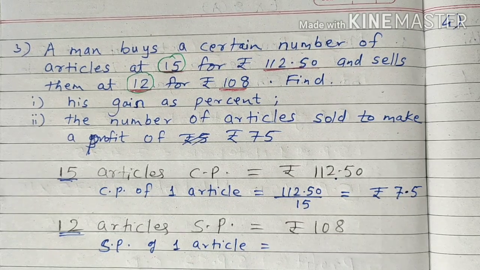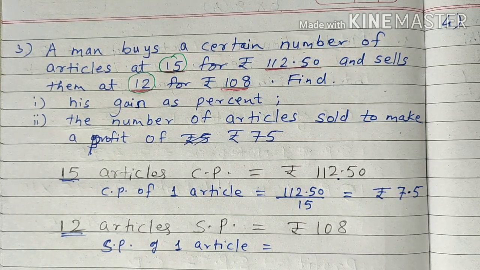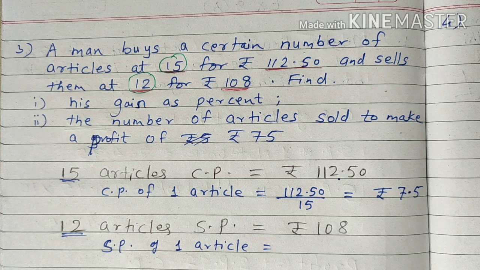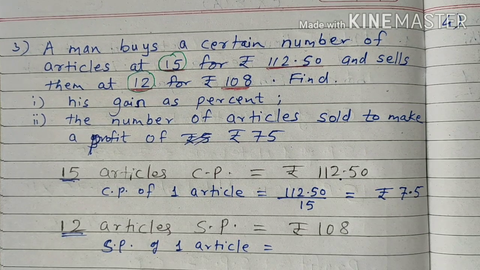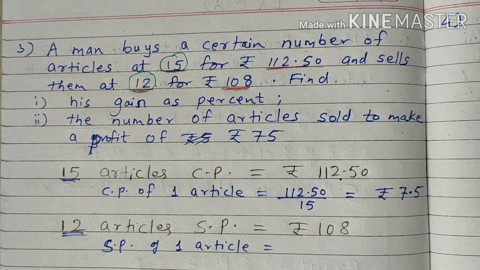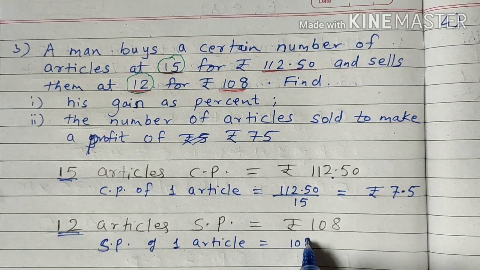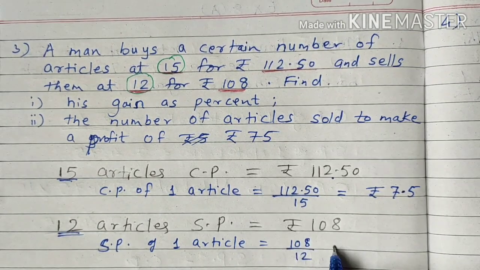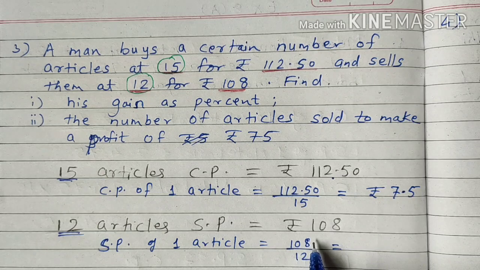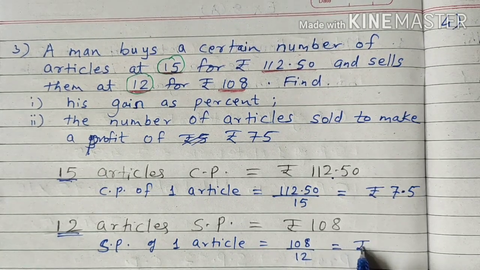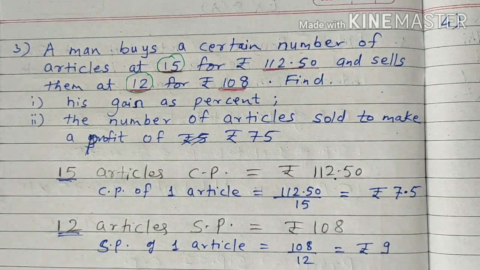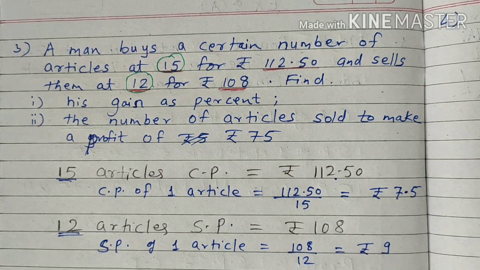Again, to calculate this value, what we need to do? 108 divided by 12. So what we are getting? 12 ones are 12 and 12 nines are 108. So rupees 9 is the selling price.